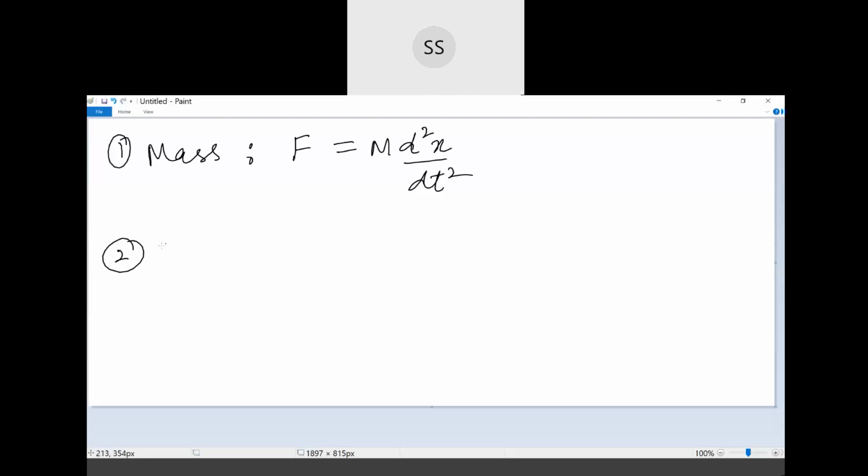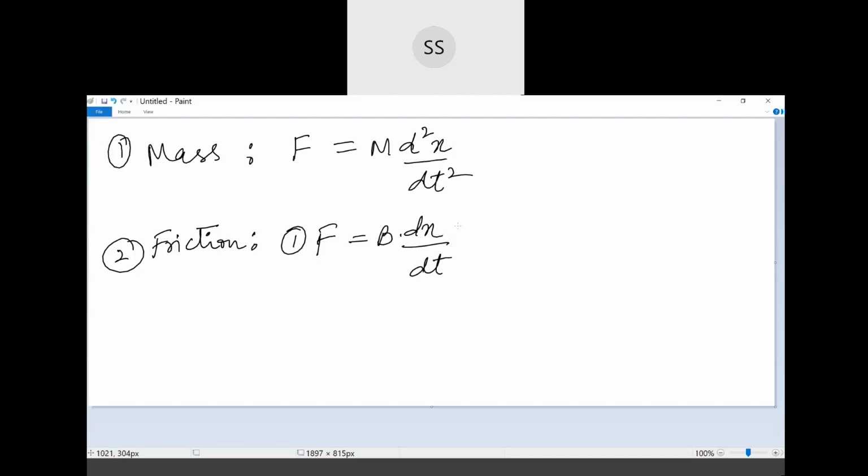Now onwards we will be using this friction term more repeatedly. One equation is F equal to B into dx by dt, used when only one side of the friction is experiencing displacement, only x.